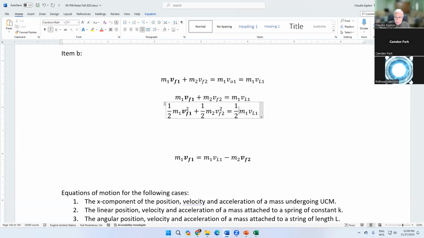Before one collided with two, two was at rest, so I don't need conservation of energy at that spot. Now you have two equations and two unknowns. In principle, you should be able to solve this system of equations. You already have this one that you calculated before.